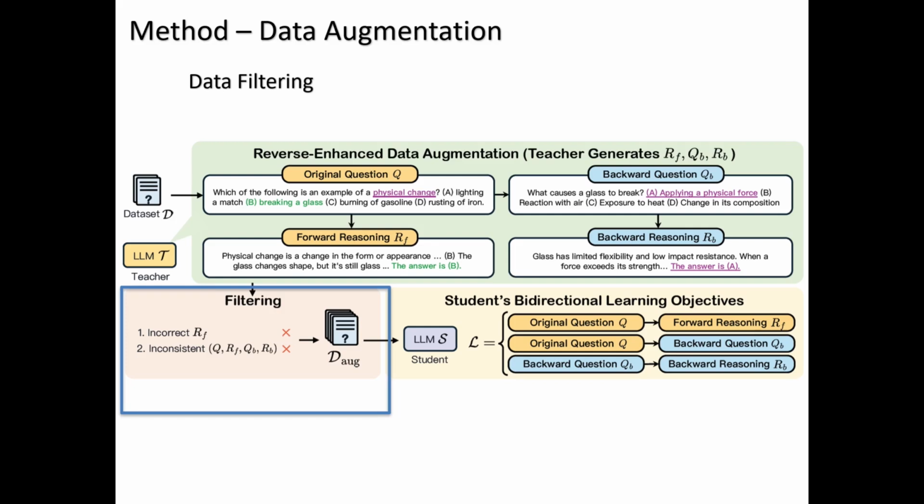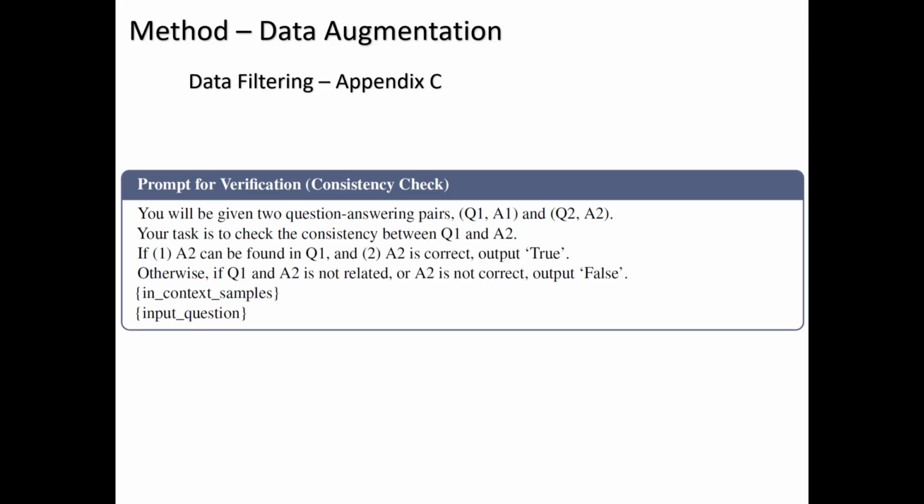So the teacher model's reversed reasoning is flawed. And they filter out any incorrect data generated by the teacher model. They do this by prompting the teacher LLM to check if each question-answer pair is consistent.